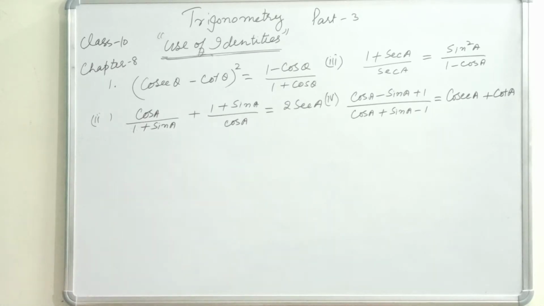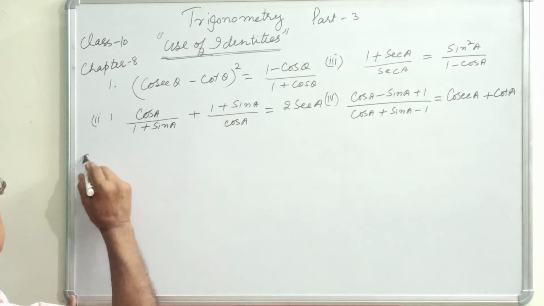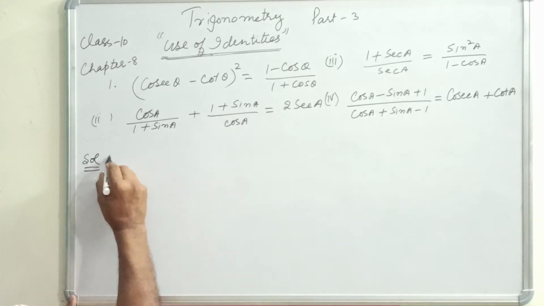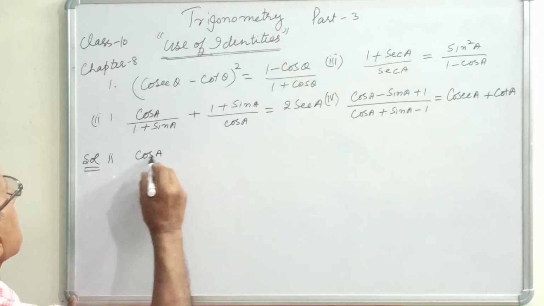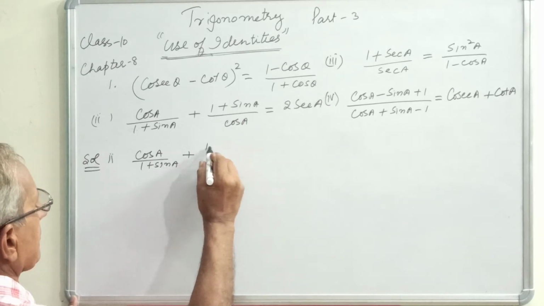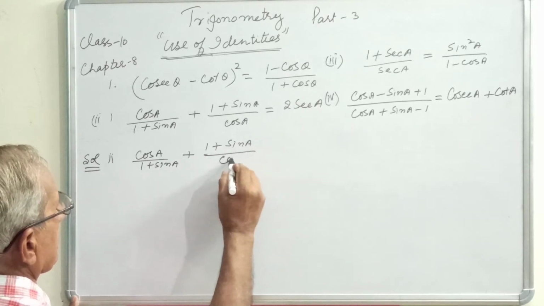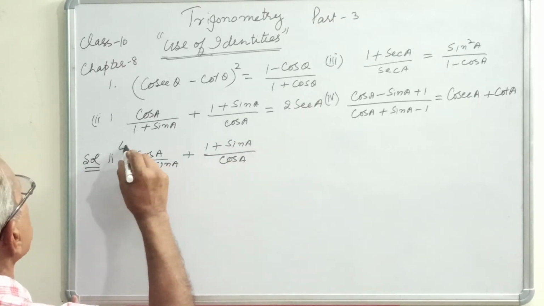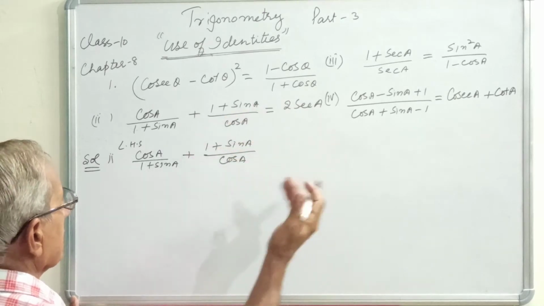The second part is cos A upon (1 plus sin A) plus (1 plus sin A) upon cos A. Solution for second part. So this is left hand side. So we are taking first left hand side and we will prove the right hand side.